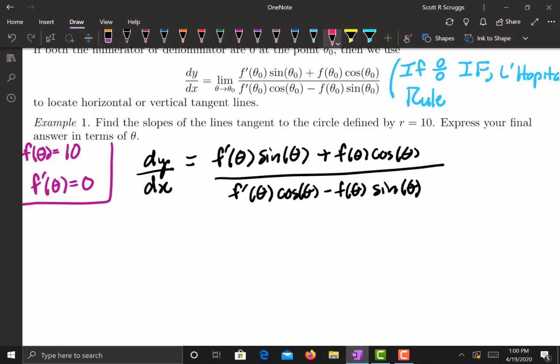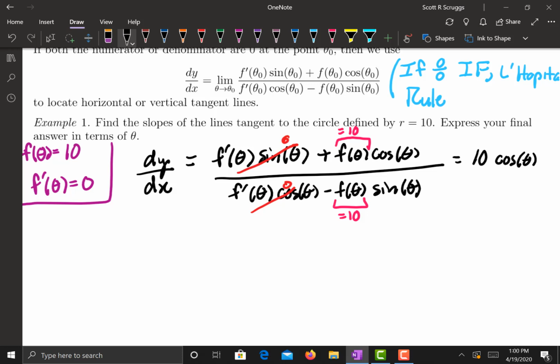We can make some substitutions and some cancellation. Because I know that the first derivative equals 0, I know that those two first expressions on the numerator and denominator better equal 0. And I also know that f of theta, which is the function for our polar curve, equals 10. And because I have that in my numerator and denominator, those are going to cancel out near the very end.